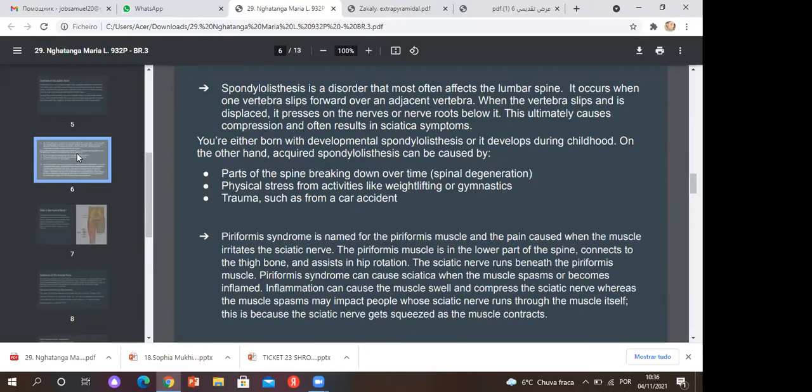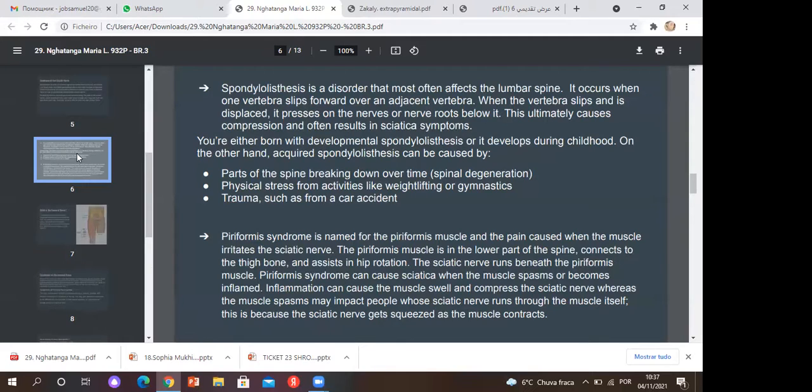So this disorder is the one that causes the syndrome in the nerve, because it starts with the vertebra pressing together, and then it leans onto the sciatic nerve. This starts to cause problems and leads to sciatica syndrome.